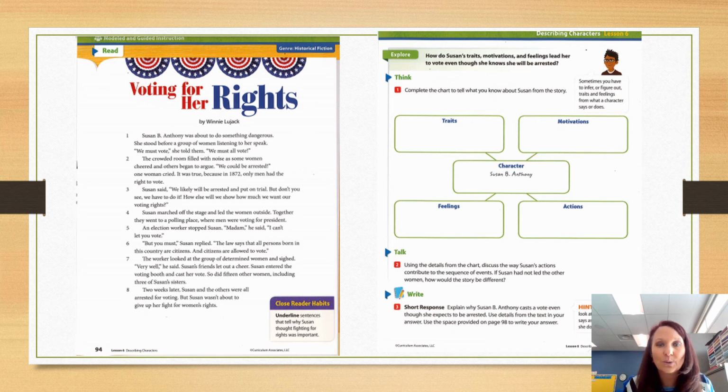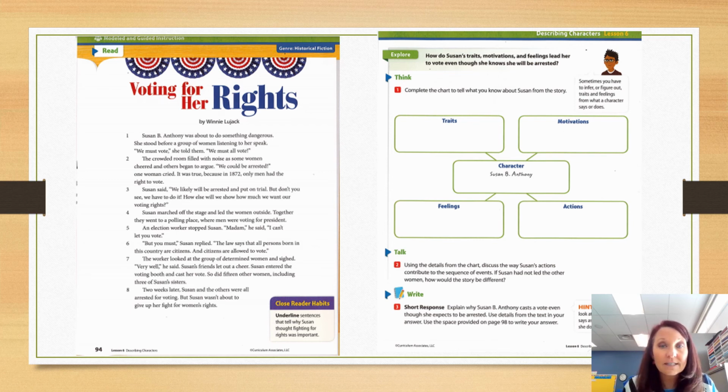What did she do? Then the next part you're going to do is use that information to fill out a short response. At the bottom of page 95, it says, explain why Susan B. Anthony casts a vote even though she expects to be arrested. Use details from the text in your answer.